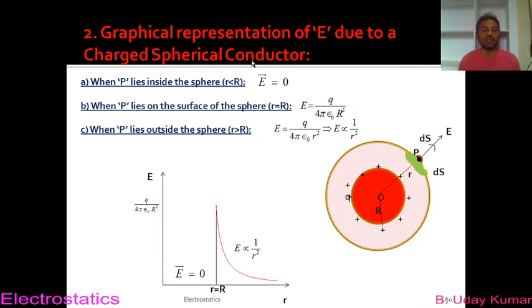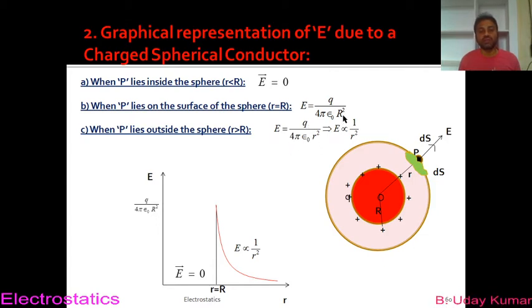And this is the graphical representation of E due to a charged spherical conductor. This is the charged spherical conductor, and we determined the electric field intensity at a point P outside, on and inside the surface. At a point P inside the conductor, E was 0, on the conductor E was Q by 4 pi epsilon 0 capital R square, and outside it E was Q by 4 pi epsilon 0 small r square, right?